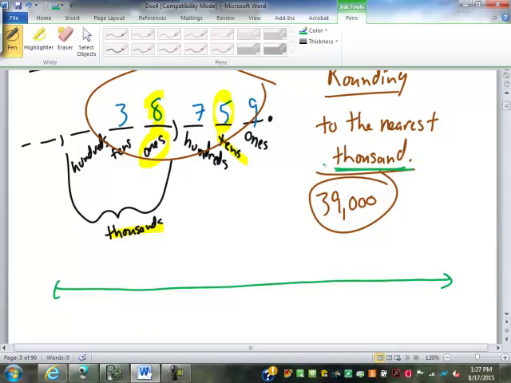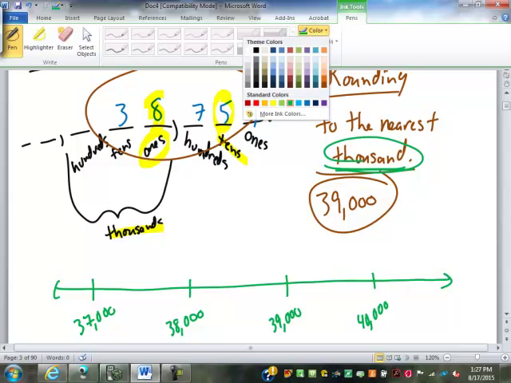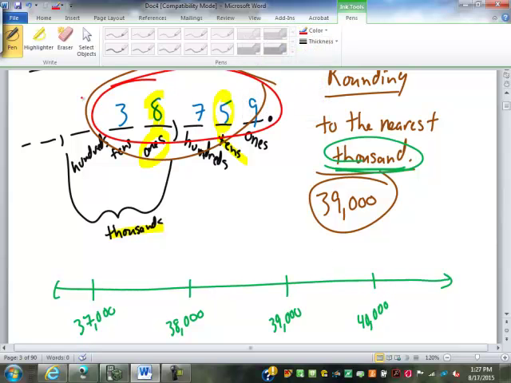And when we're asking you to round to the nearest 1,000, what we're asking you to do is look at a number line that is labeled only to the nearest 1,000. And it's asking you if this number here were on that number line, which one would it be closest to? Well, 38,759 is somewhere in here. It is physically closest to or nearest to the 39,000.